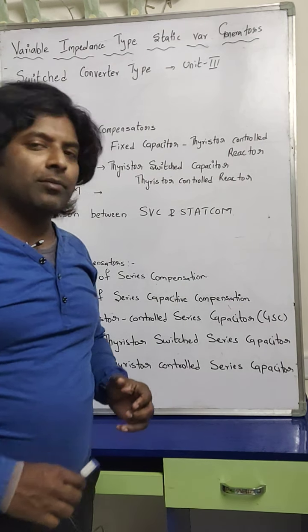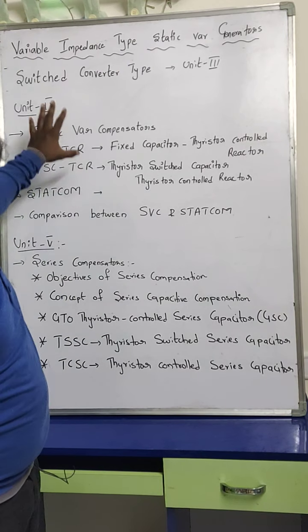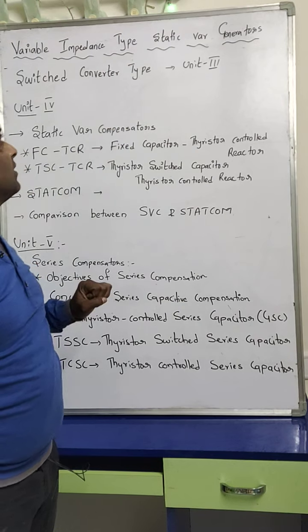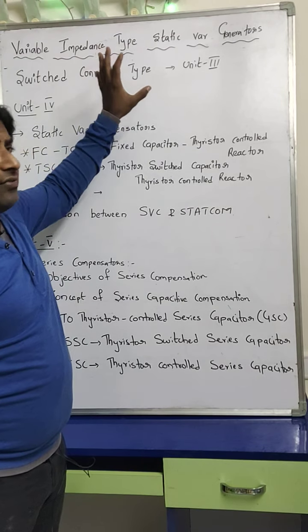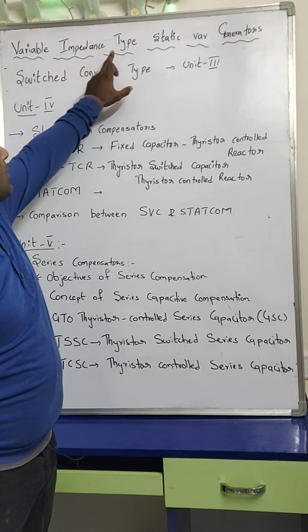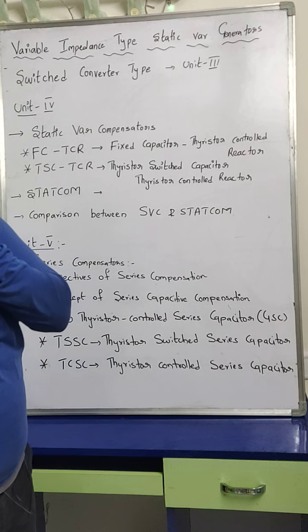So what you are observing on the board, this is part 2, unit 3 section. The second half of unit 3 deals with variable impedance type static VAR generators.